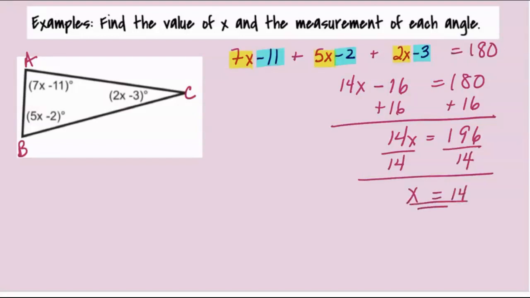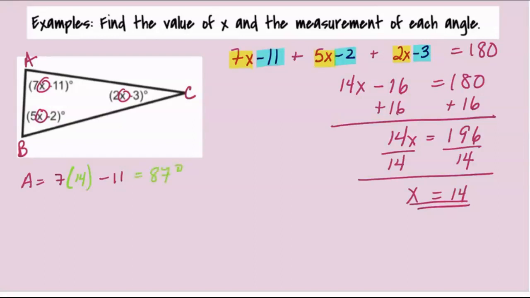So now that I have x, I can plug that into each of these x's and find out the angle measurements. So angle A is equal to 7x minus 11, and I am going to substitute that in. The x is 14, so 7 times 14 minus 11 gives me 87 degrees.